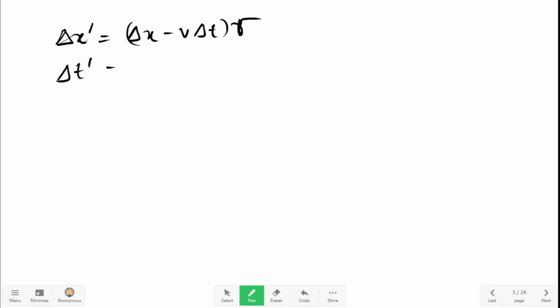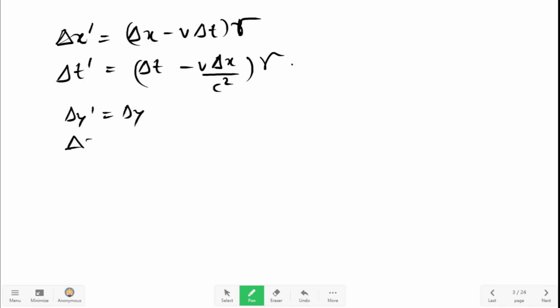Delta t prime is equal to delta t minus v into delta x upon c square times gamma, and delta y prime is equal to delta y, delta z prime is equal to delta z. So this is how we write the separation in the events.